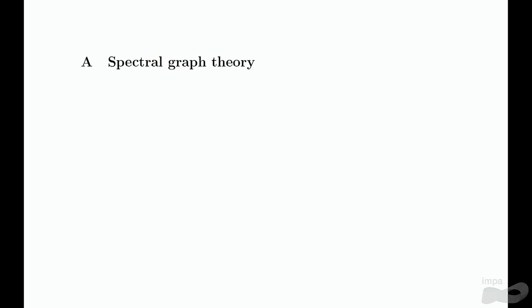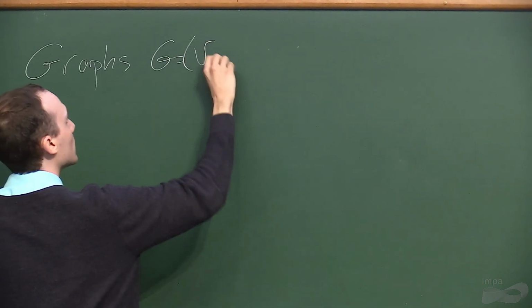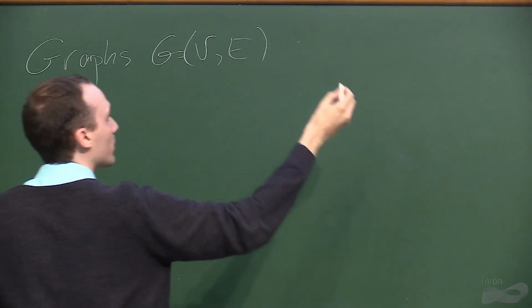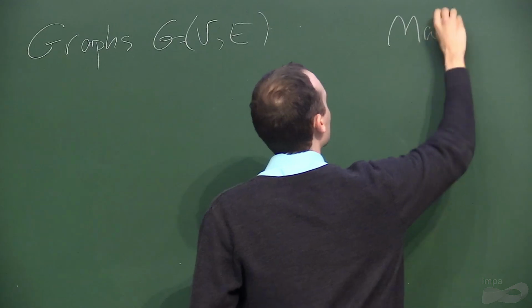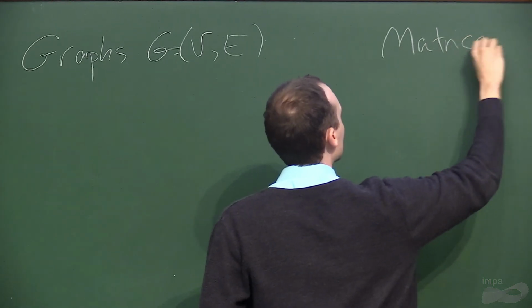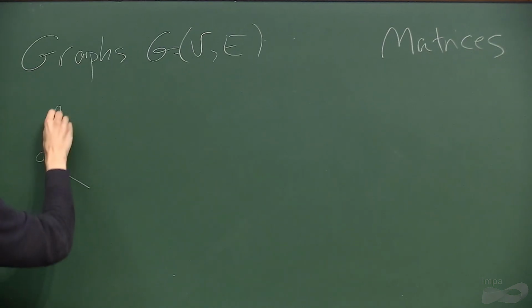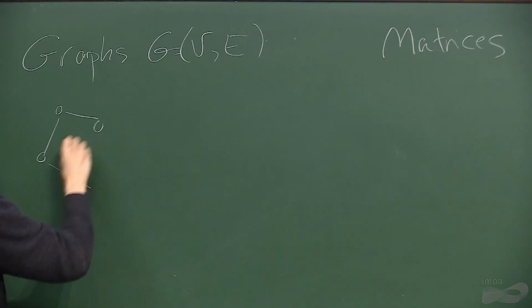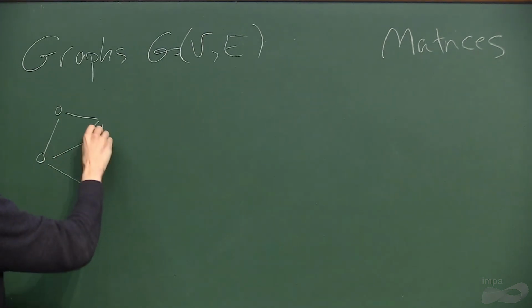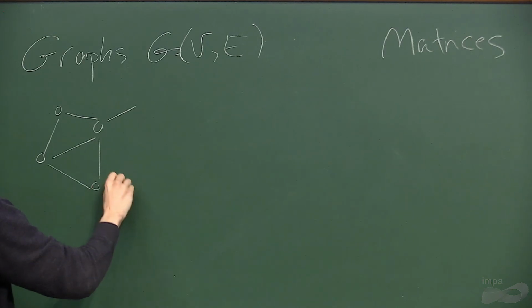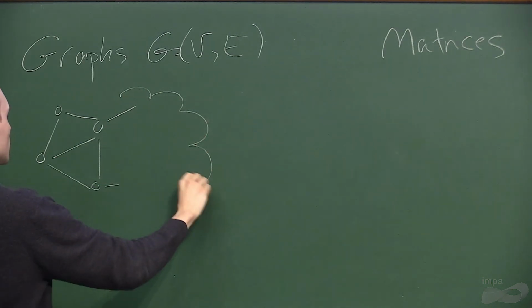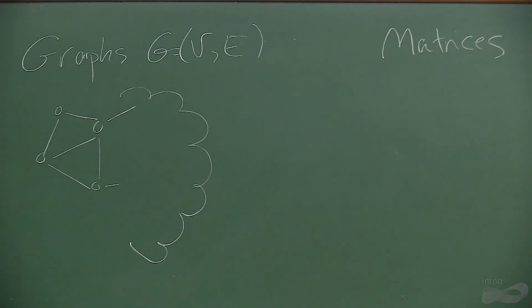2 worlds. We have the world of graphs, and we have the world of matrices. In previous lectures, in seminars that we've had at this event, there's been a lot of focus on graphs and their properties.